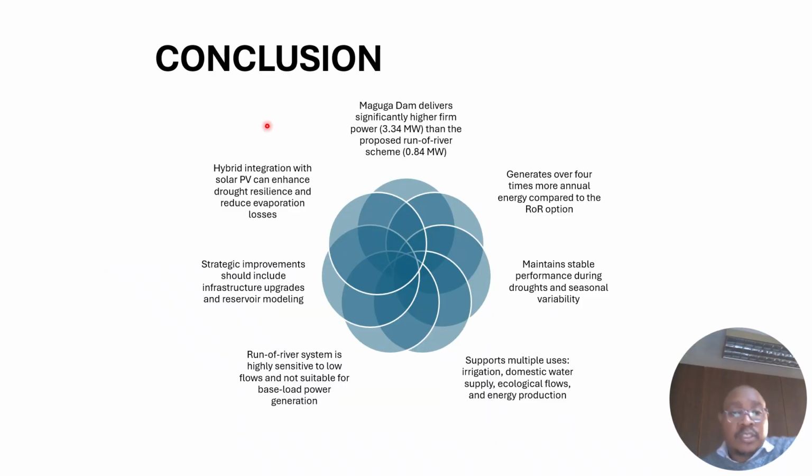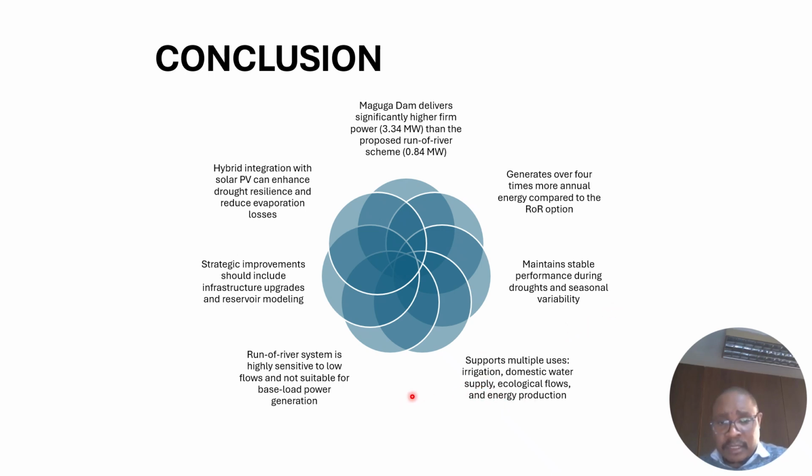Then in terms of the conclusion, first, Maguga Dam delivers a significantly higher firm power of 3.34 megawatts than the proposed run-of-river scheme of 0.84. If you look at the generation, it generates over 4 times more annual energy compared to the run-of-river option. It maintains stable performance during drought or tough seasons.